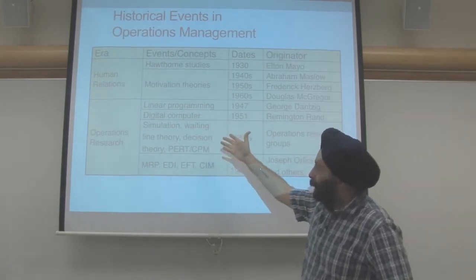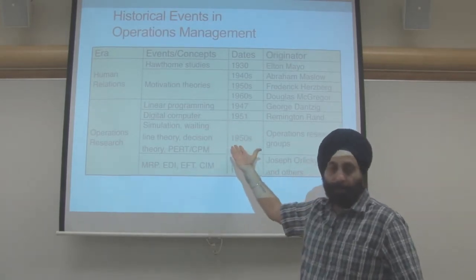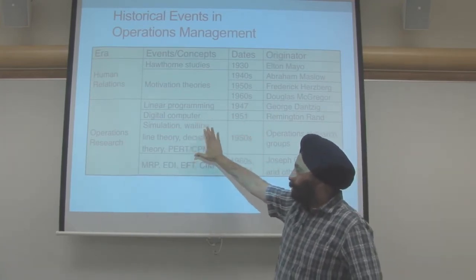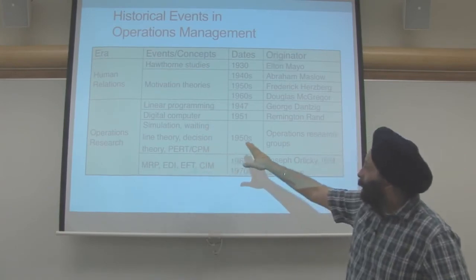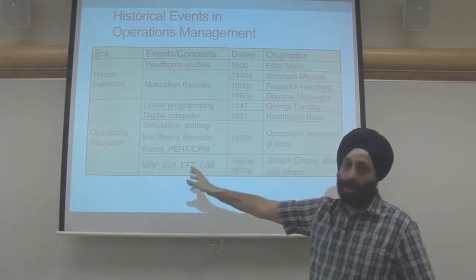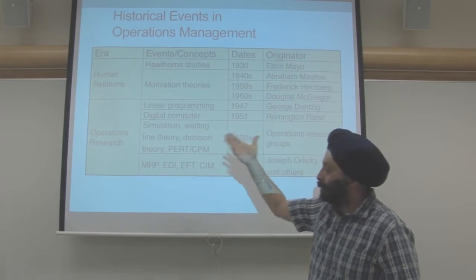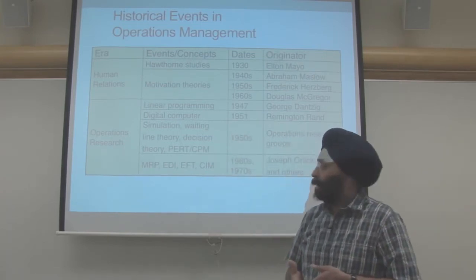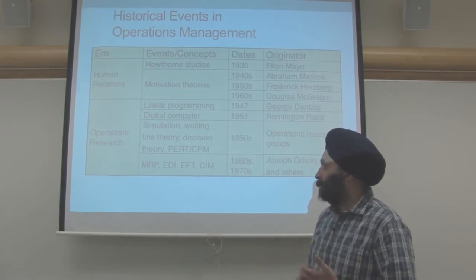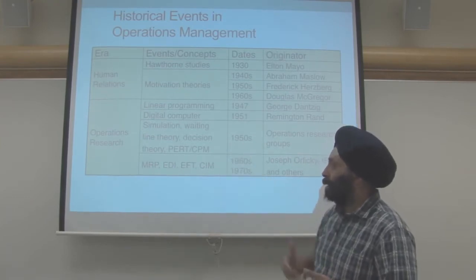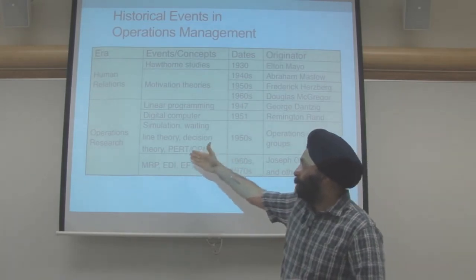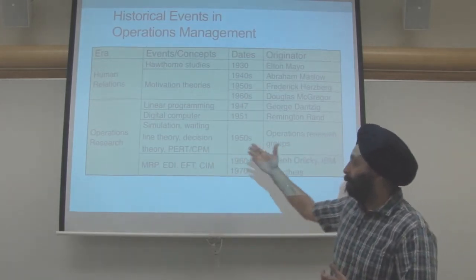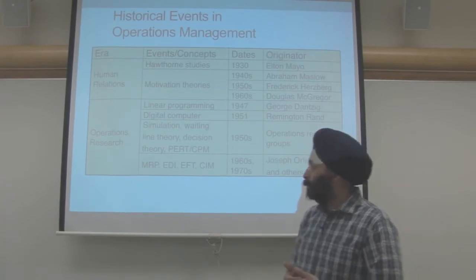Digital computers were coming in the middle of the 20th century, and then various focus on simulation, waiting line theory and queuing theory, which is used by the telecommunication industry. AT&T and Bell Labs were among the companies that created a lot of patents in this area. Then decision theory, PERT, CPM, and project management, which came out of the Department of the Navy. So you have a lot of these tools that were created.